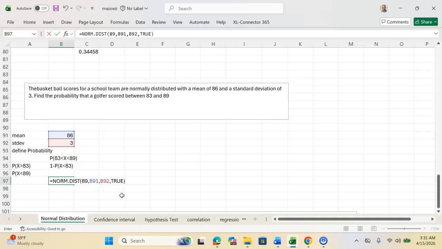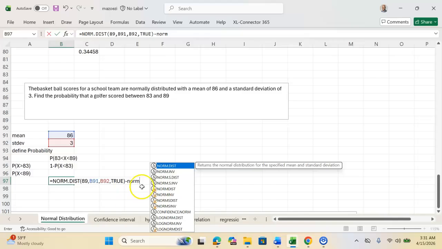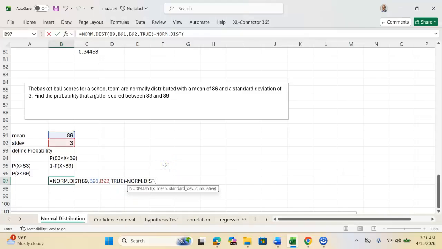Close the bracket and then minus norm.dist. So we want to minus this one here. You can see it's 1 minus, so we're going to subtract it. Then our x will be 83, and average will be 86.